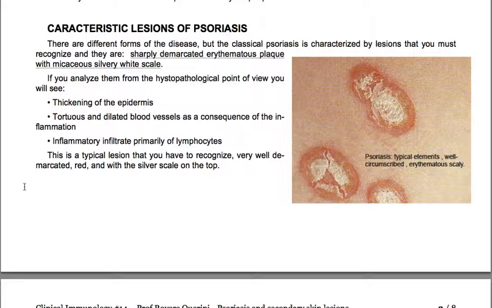Characteristic lesions. There are different forms of the disease, but the classical psoriasis is characterized by lesions that you must recognize, and they are sharply demarcated erythematous plaque with micaceous silvery white scale. If you analyze them from the histopathological point of view, you will see thickening of the epidermis, tortuous and dilated blood vessels as a consequence of the inflammation, and inflammatory infiltrate primarily of lymphocytes.